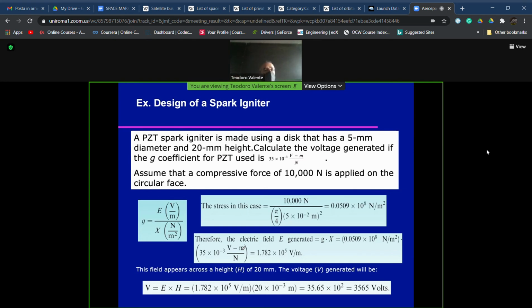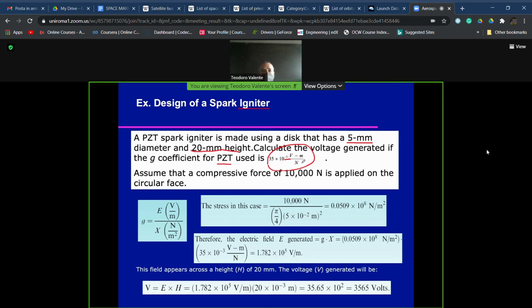Here you have a simple example related to the design of a spark igniter. These are real values, okay? So, for example, let's take a disc, a very thin, small disc, with 5 millimeters in diameter and 2 centimeters, that is 20 millimeters, in height, made of PZT with its G coefficient, which is the one given in the previous table.